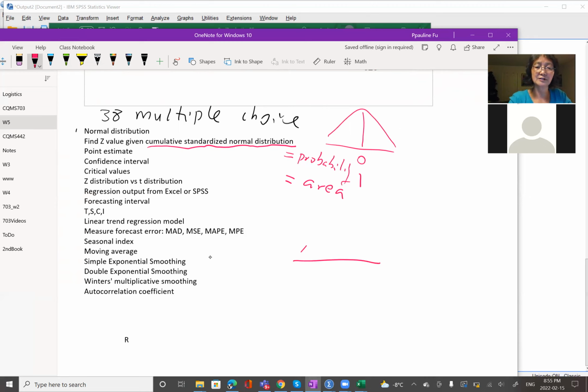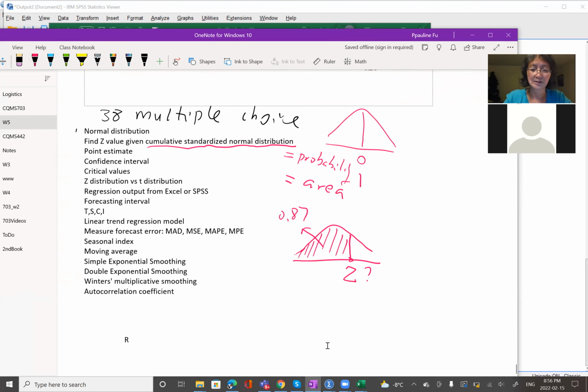For example, if I give you this area, I said this area is 0.87, and I ask you, what is this Z value? You need to know.